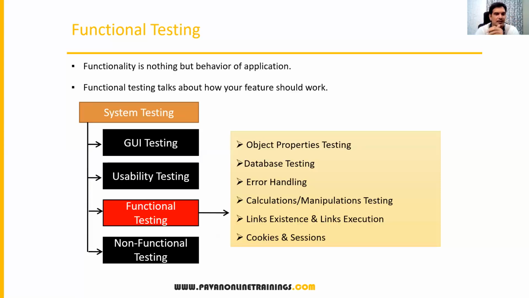Once you come to functionality, we test more on whether it is accepting the characters properly or not. There will be some validations we have to do. For example, there is a username text box. As part of the requirement, username allows only 8 characters or more, and those characters should start with an uppercase character.